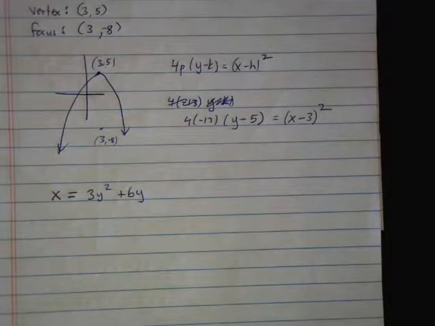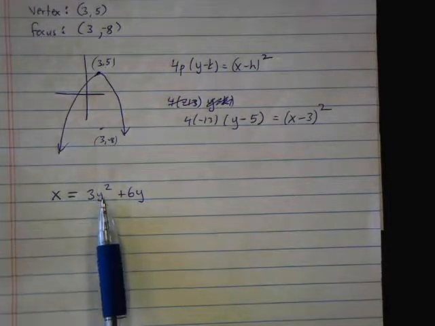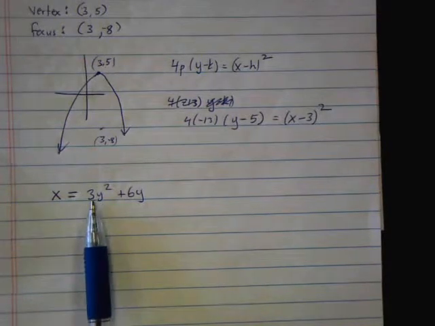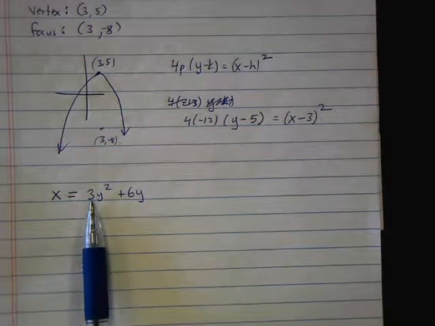My question is, what kind of shape is that? It's a parabola. How do you know it's a parabola? One is squared and the other is not. Does it open left, right, up, or down? To the right. The y is squared, which tells you it opens left or right. Since that's a positive number, that tells you it's going to open to the right.